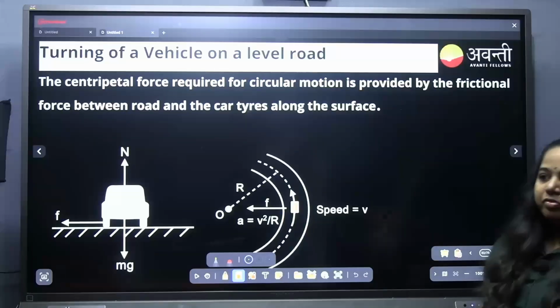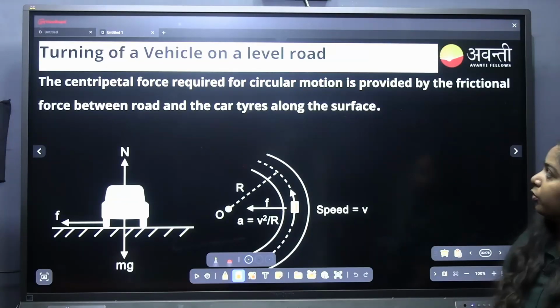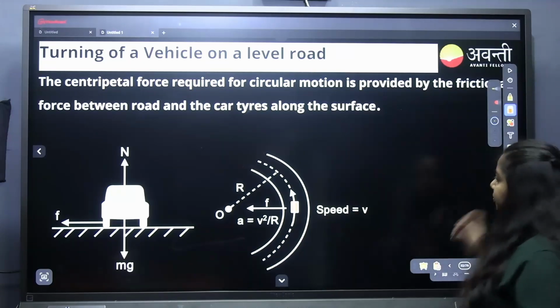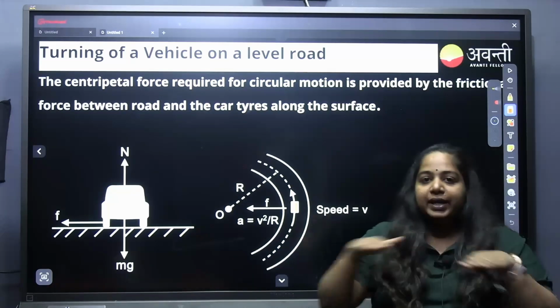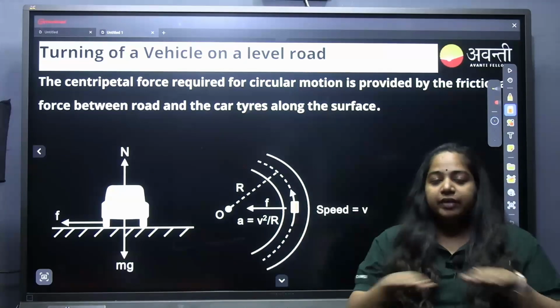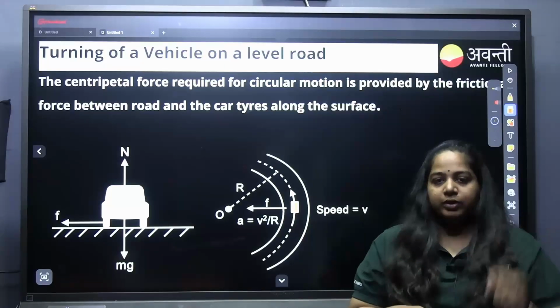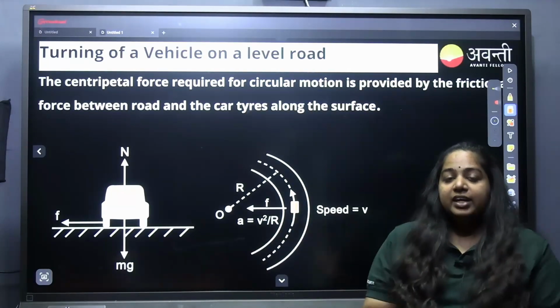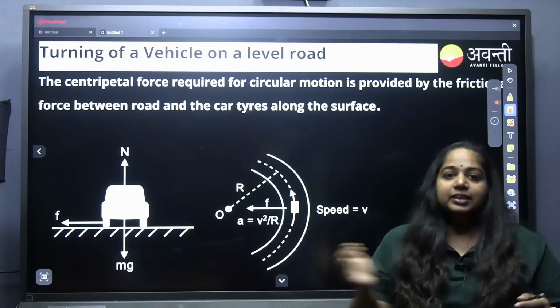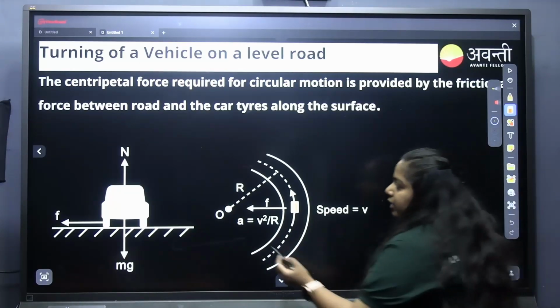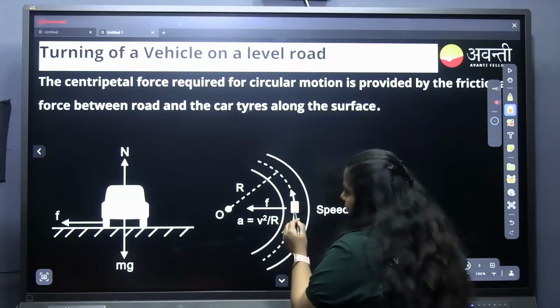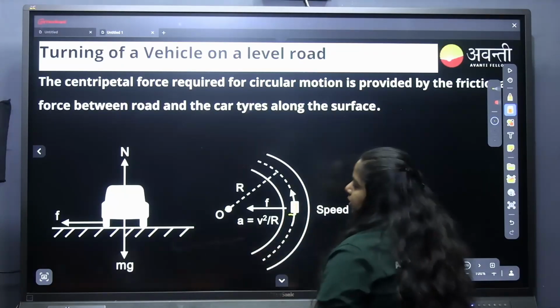Now, turning of a vehicle on a circular road. This is what we discussed yesterday. Okay. Now, there is a plain road, like there is no elevation, nothing. Just a circular road is there and a car is passing through it. We need friction acting as centripetal force. Okay. So, you can see this is the center, car is moving in this direction as shown.